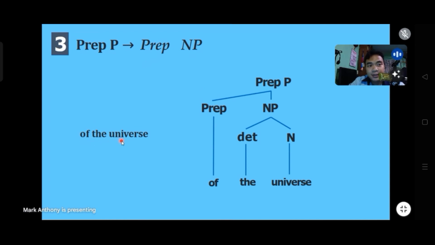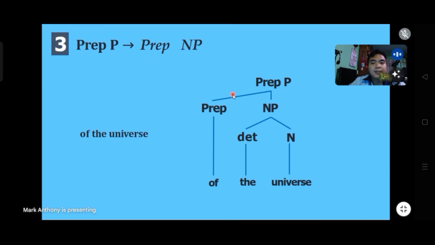So let's try to analyze the sentence itself. Of course, that is a prepositional phrase. And the prepositional phrase is divided into two subconstituents, which are the preposition and the noun phrase.